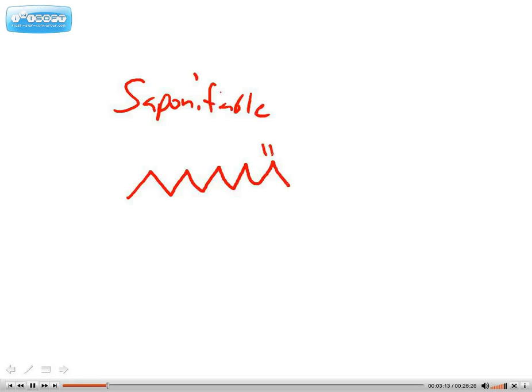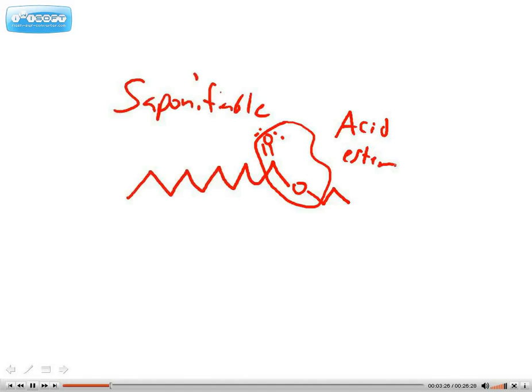Here is an example of a saponifiable lipid. Basically, a saponifiable lipid is any type of lipid where there is an acid or ester present.